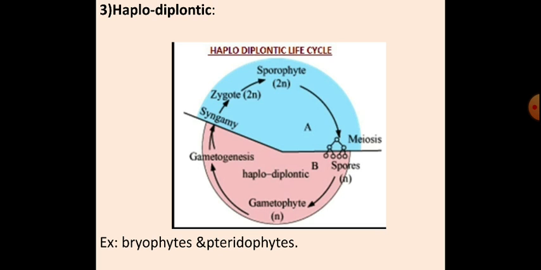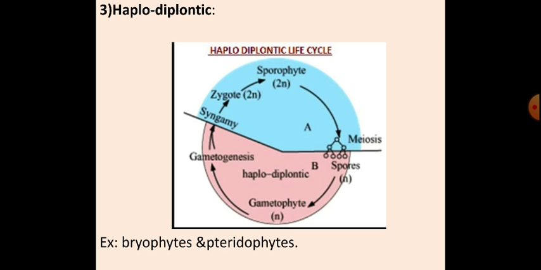They are intermediate between haplontic and diplontic, because bryophytes and pteridophytes exhibit two types of plant bodies, sporophyte and gametophyte. Understood? So they are neither haplontic nor diplontic.